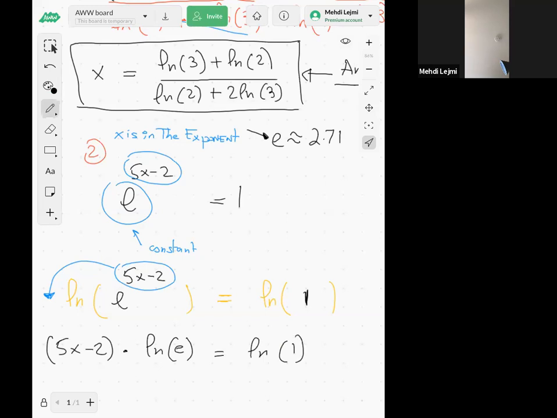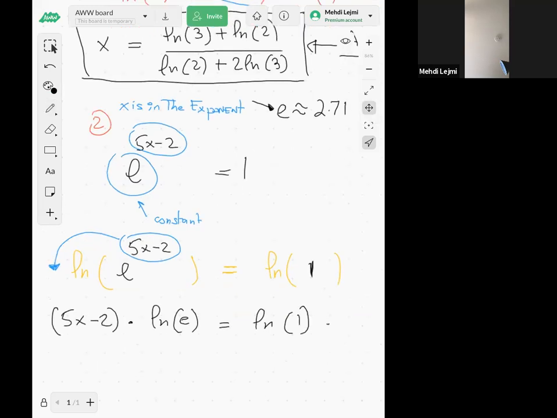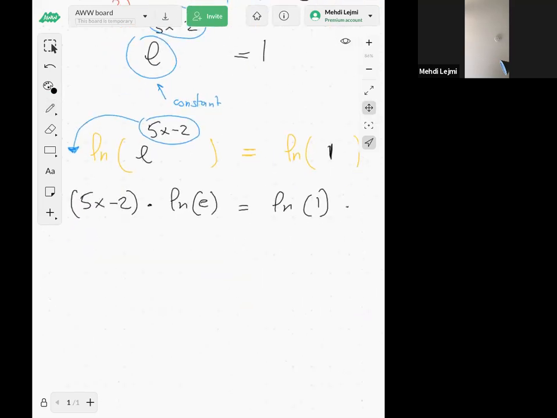Now, guys, you have to remember some properties of log. Log of 1 in any base, it doesn't matter the base, a could be any number, is always 0, okay?